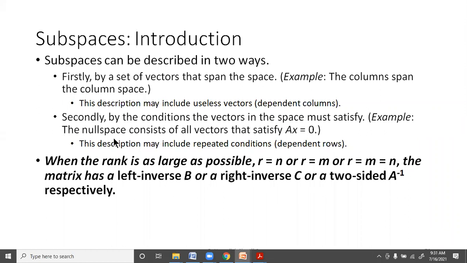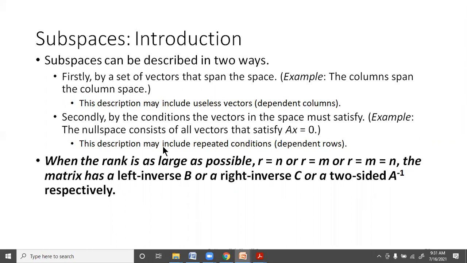For example, we can have a null space consisting of all vectors that satisfy Ax equal to 0. We might have taken an example of something like b3 minus 5b2 plus b1 equal to 0. It can be any condition, right? So for the null space we have a condition Ax equal to 0 which all vectors should satisfy, and that will give us the subspace.